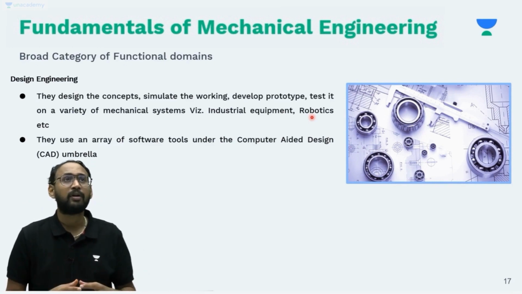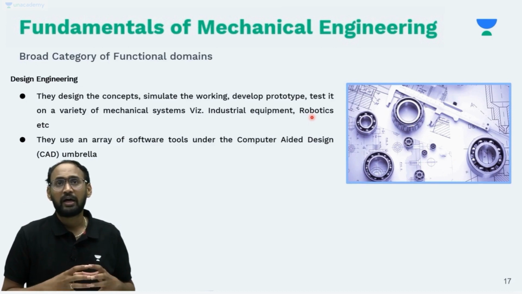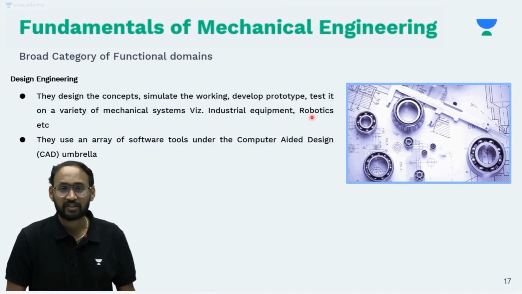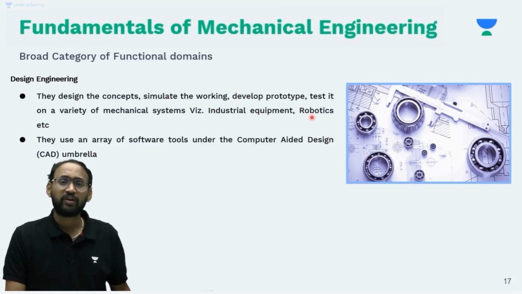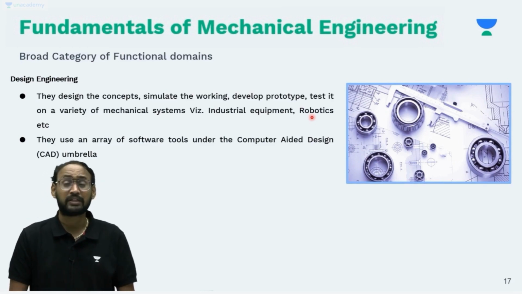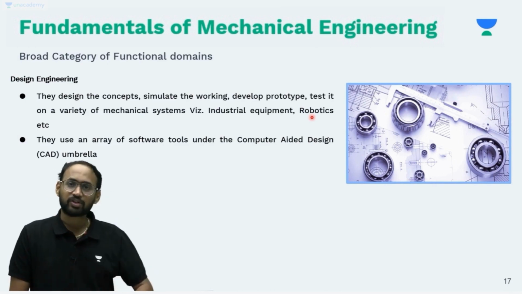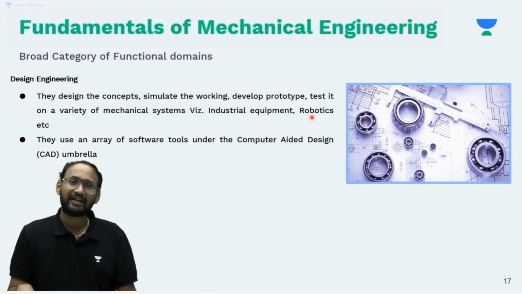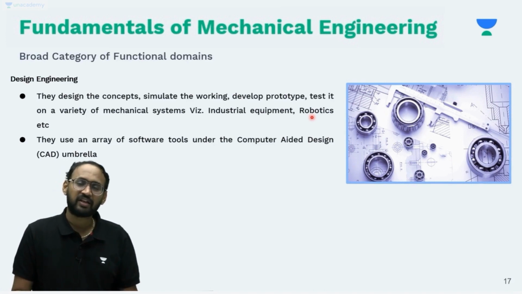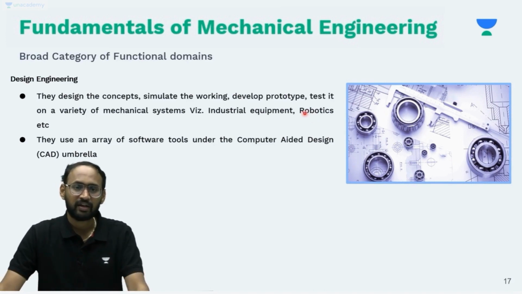Say for example, if you are working on an internal combustion engine where your objective is to improve the efficiency by 2%, just an example, right? So you can have multiple solutions to it. So you simulate your solution and see if you are achieving that delta of efficiency which you intend to achieve, right?